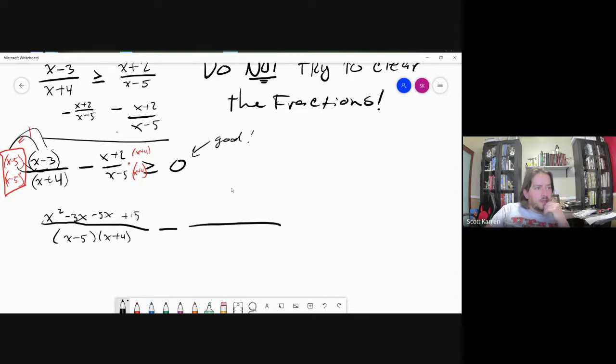But then I get minus, and if I FOIL these guys, I get x squared plus 4x plus 2x plus 8 all over that x minus 5 times x plus 4. And I'm still interested in when that's greater than or equal to 0.